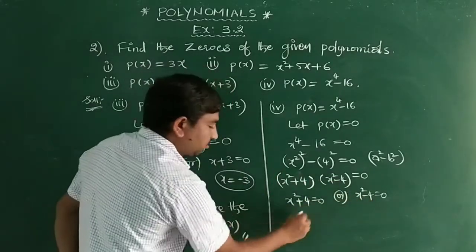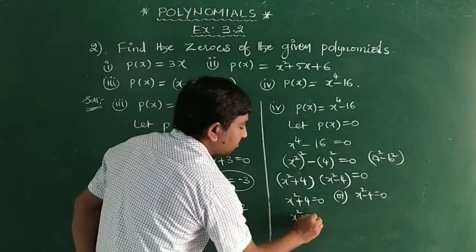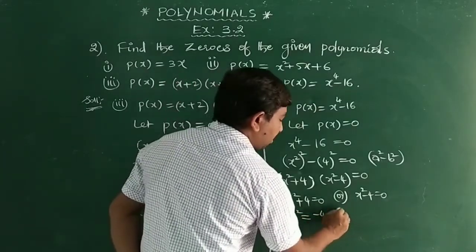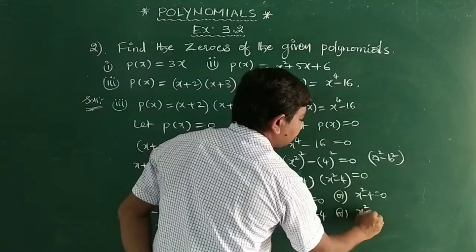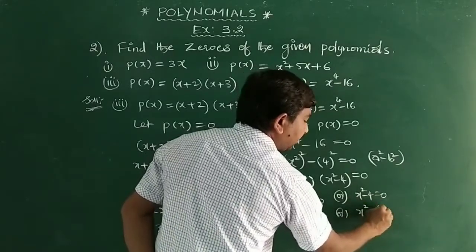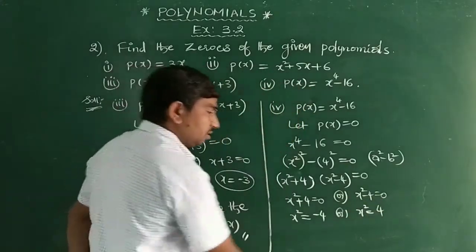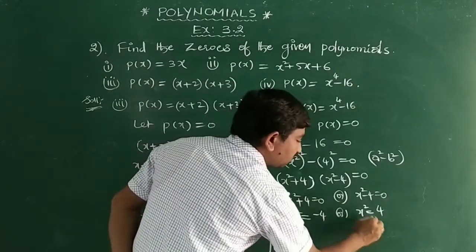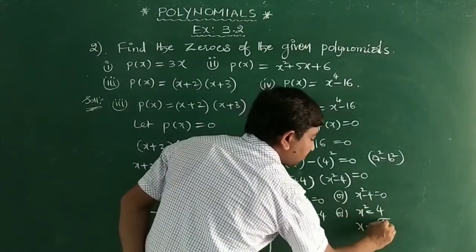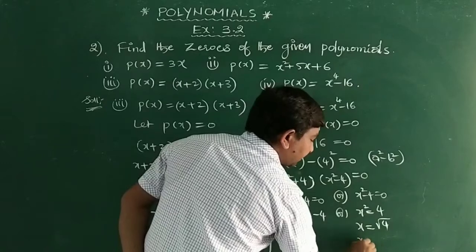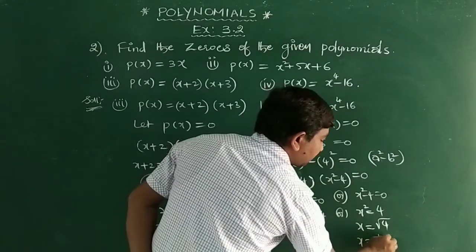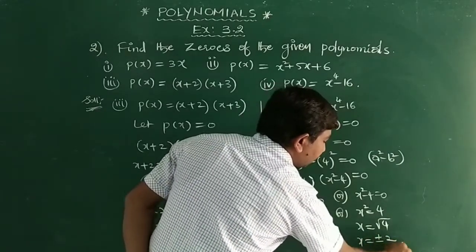Now, sending 4 outside, what will you get? x square is equal to minus 4, or here x square is equal to 4, as the minus 4 goes outside. For this it is very easy: sending the square outside, it becomes root 4, so we can write x is equal to plus or minus 2.